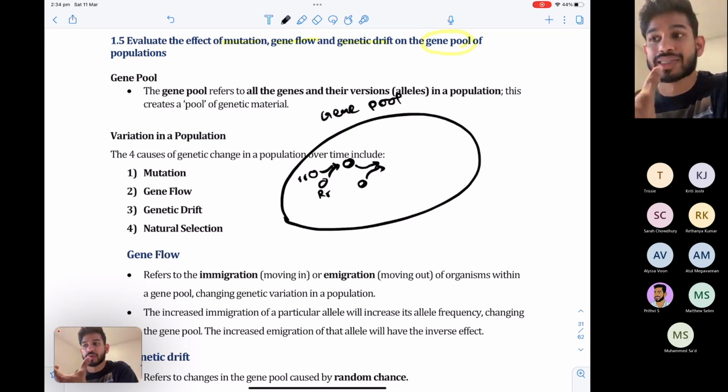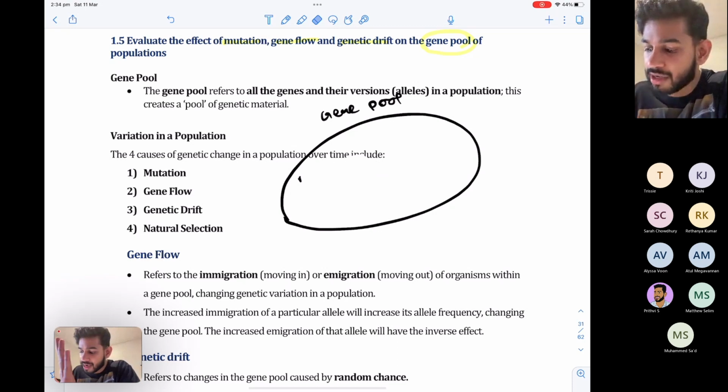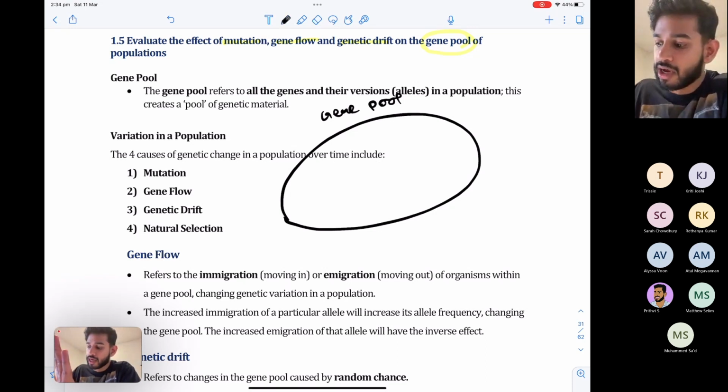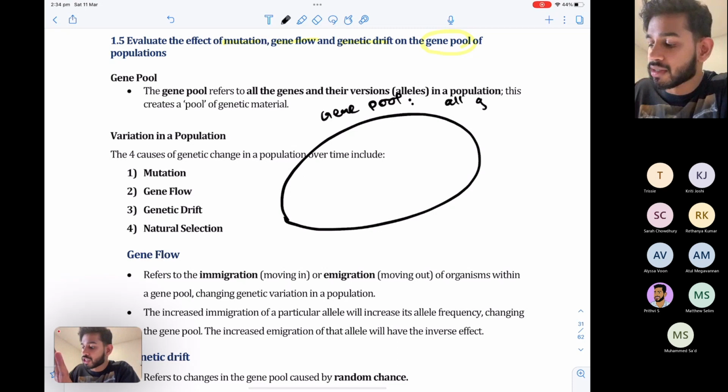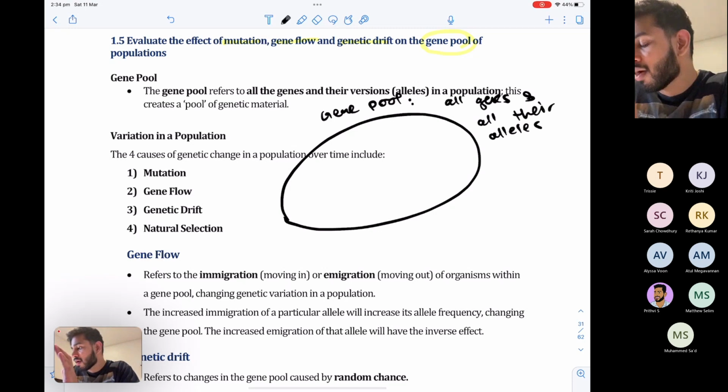It's to show you it's a fluid process. Okay. So a gene pool, the exam definition all of you need to have, refers to all the genes and all the alleles in a population.